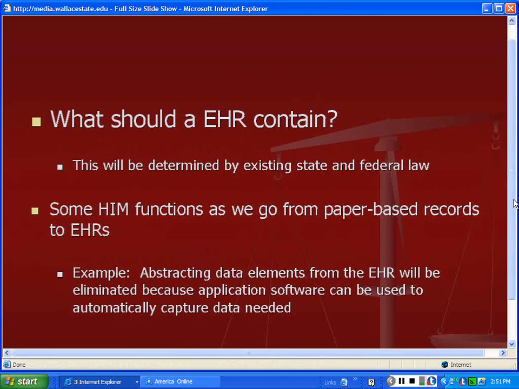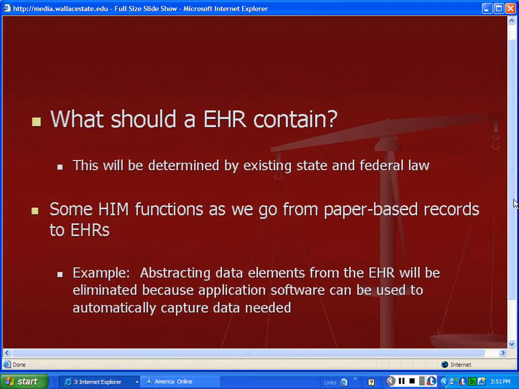But if we don't have paper, some of those HIM functions that we talked about in 151 will change. For example, abstracting. Abstracting is just taking that paper record and taking pertinent parts and inputting it into a computer, and then we can have reports generated, or the bills are generated from that information. But if we don't have the paper to start with, then we won't do it the same way.